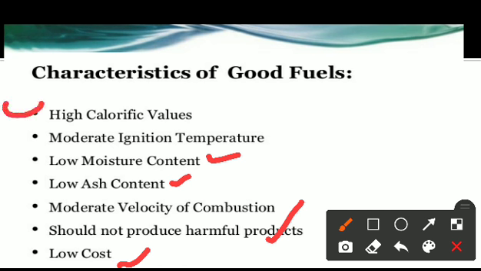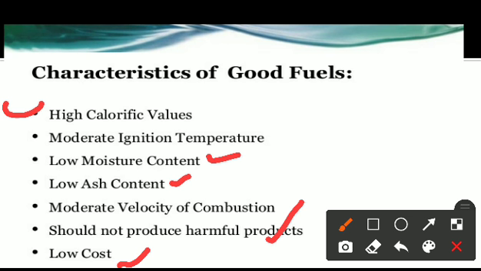First, calorific value, which is expressed in the unit, that is what? The BTU, that is British Thermal Unit. That means the calorific value in a solid case is expressed in BTU per pound or calorie per kilogram, and if it is in gaseous or liquid state, it can be expressed in BTU per cubic feet at 60 degree Fahrenheit.